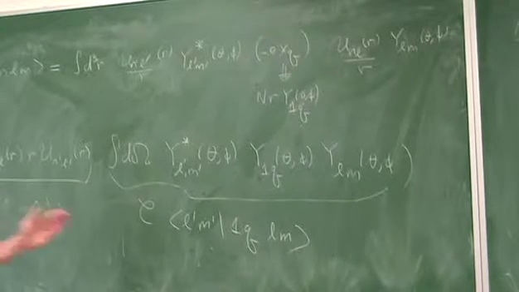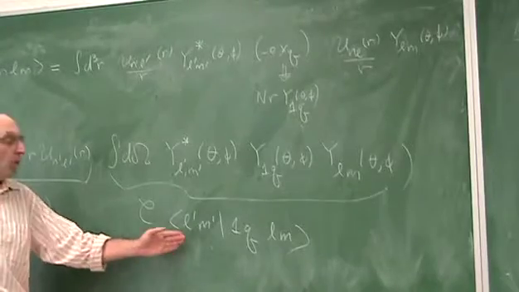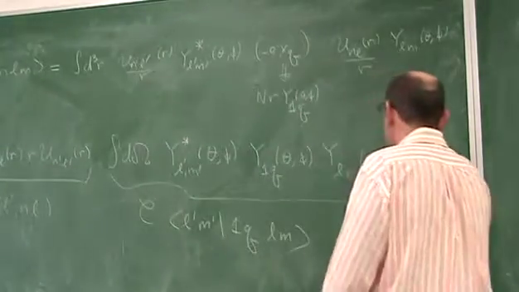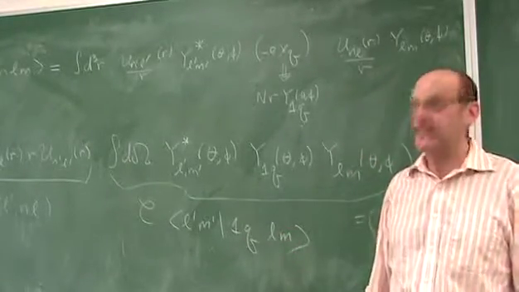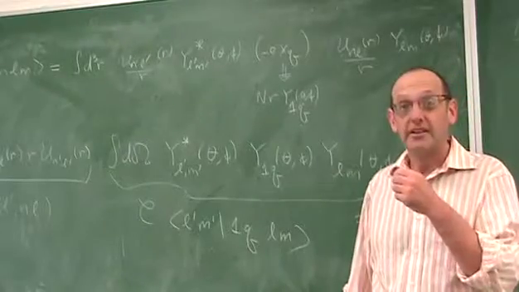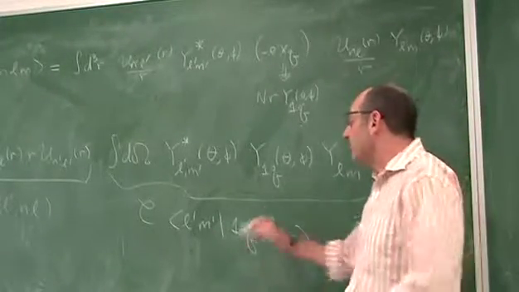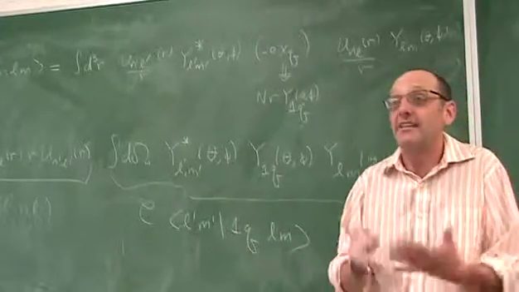Well, what do we interpret from this? What we interpret from this is that this matrix element is 0 unless this Clebsch-Gordan coefficient is not necessarily 0. And under what conditions is this Clebsch-Gordan coefficient 0? Well, it's necessarily 0 if the triangle inequality is not satisfied.